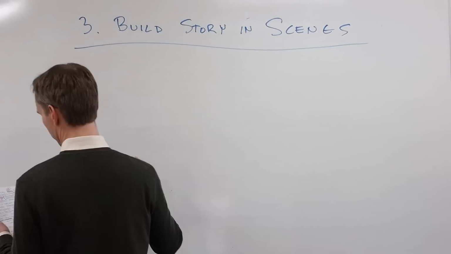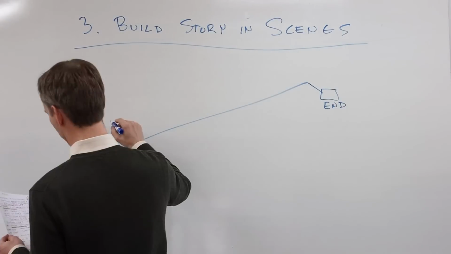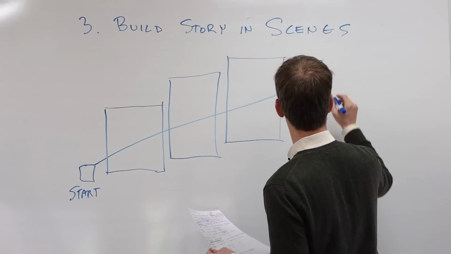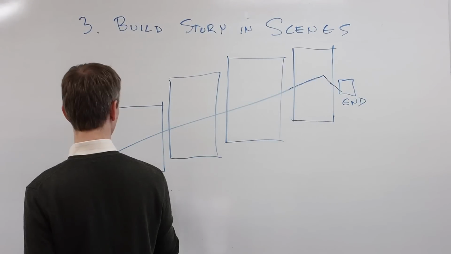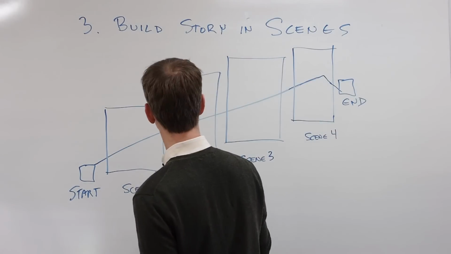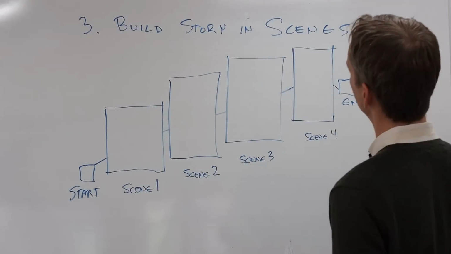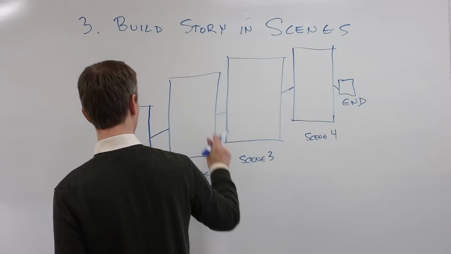So if any of you have listened to any Radiolab or This American Life, or if you just think about a great film that you love, they progress in scenes. The story occurs in time and space, and generally they just move from one to the other. And they're usually very large set piece scenes and then little scenes that connect them.